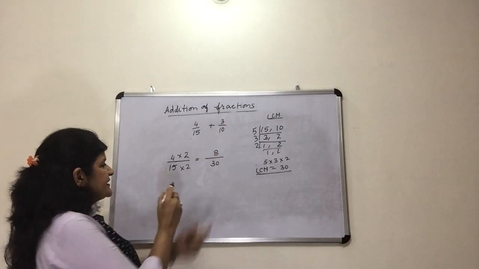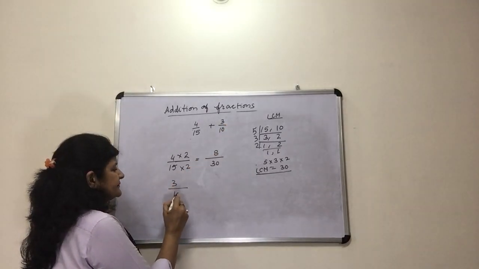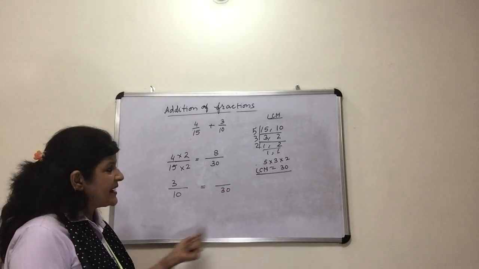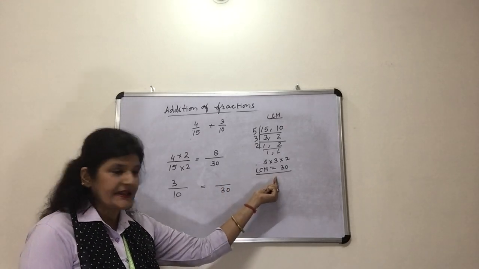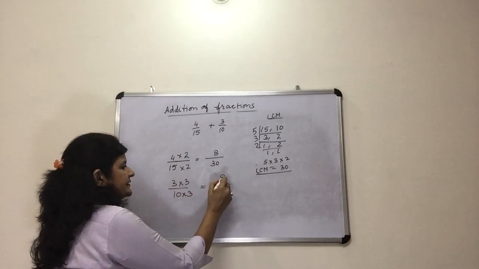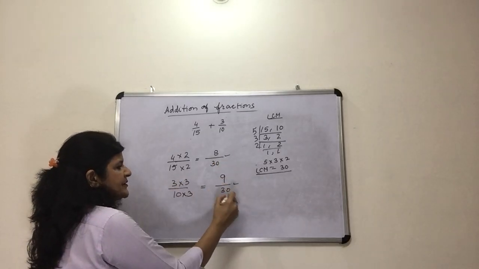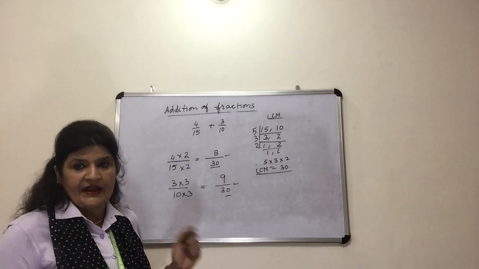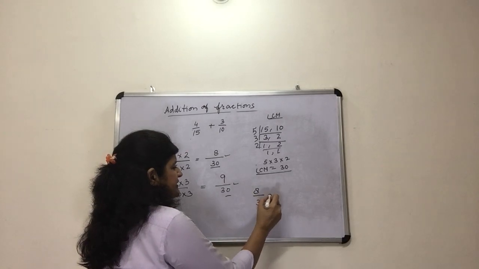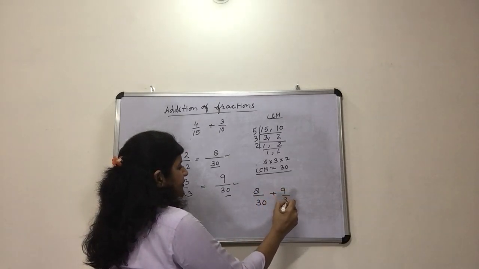Now the second fraction is 3 upon 10. Again we are making like fractions using this LCM. 10 3s are 30 and 3 3s are 9. Now these are like fractions because their denominators are same. So now we are adding 8 upon 30 plus 9 upon 30.